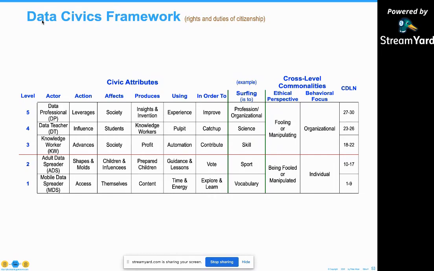If you spend enough time on the planet, you will mature into whatever your society turns you into as an adult. We don't have rules for adults or children in this case regarding their data literacy. So we can suggest there are things that they should have. And what I've done in this framework here is come up with 17 specific CDLNs.